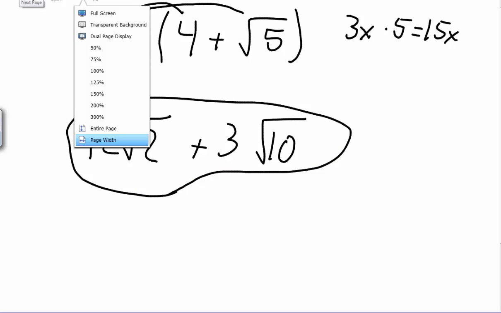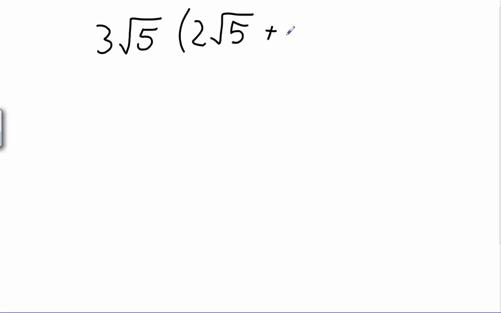On to the next one. Let's see if I can make a good one off the top of my head. Let's do 3 square root of 5 times 2 square root of 5 plus 4 square root of 7.